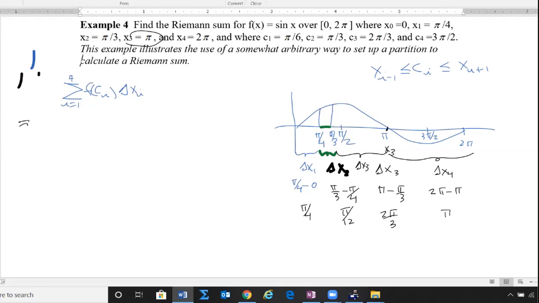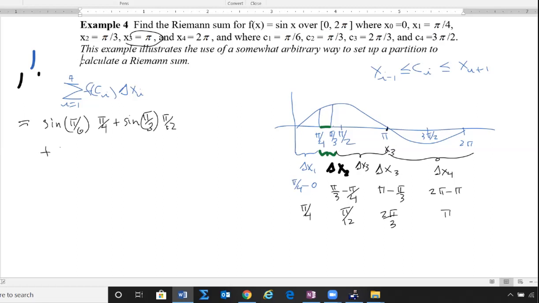So we have that this is the sum: sine of c sub 1, which is pi over 6, times the delta x sub 1, which is pi over 4, plus the sine of c sub 2, which is pi over 3, times, I'm sorry, not pi over 4, pi over 12. That's our delta x sub 2.